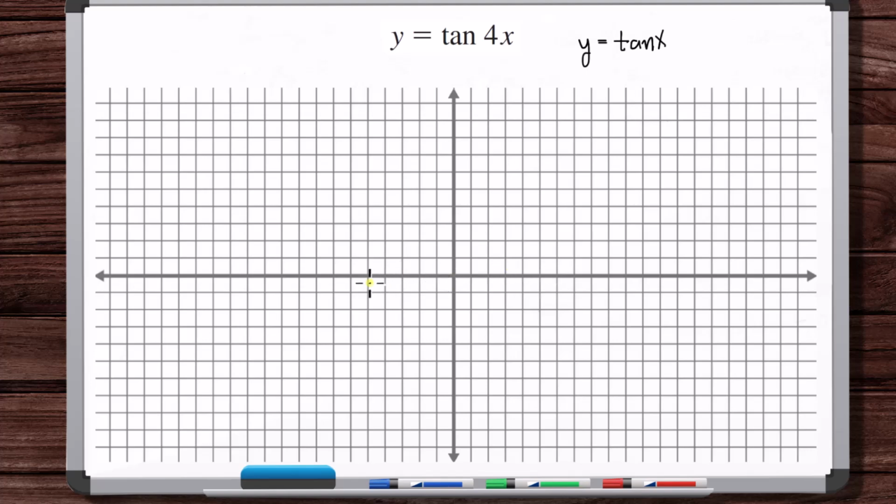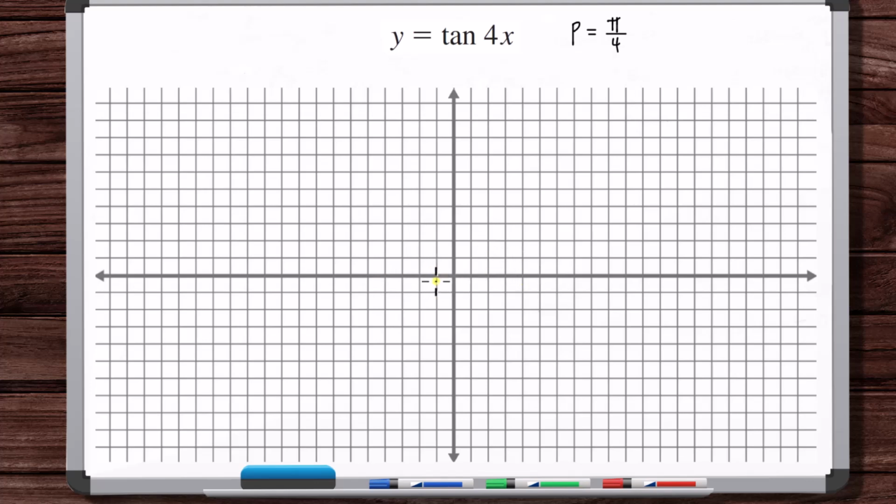So from minus pi over 2 to pi over 2 is that base period. But here the period has been scaled down from pi to pi over 4. So equidistant from the origin, that's pi over 8 on each side.